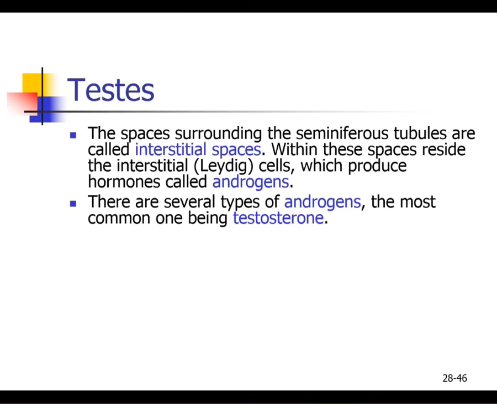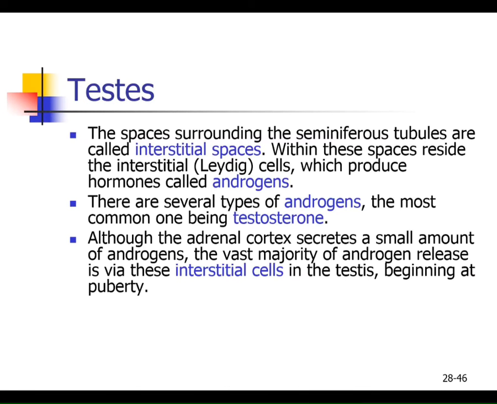The testes, okay, what do we know about the testes? We know that if we cut into the testis, and we saw this in the lab, there are the seminiferous tubules, and within the seminiferous tubules, that's where the cells that are going to make sperm are located. There are cells outside of the seminiferous tubules in the interstitial spaces, called interstitial cells, and they were described by a German guy named Leydig.